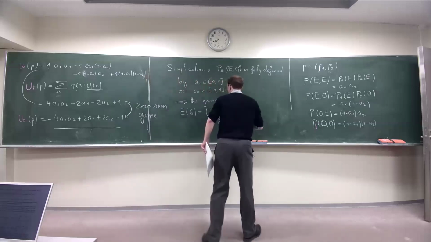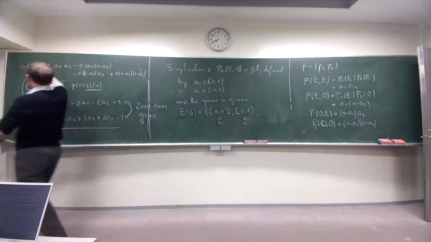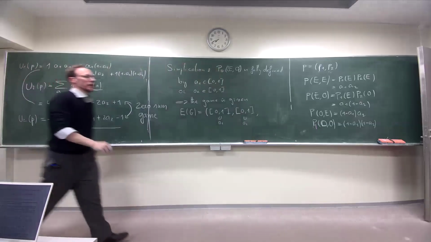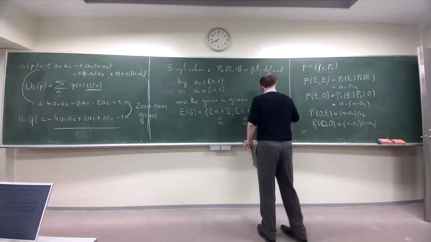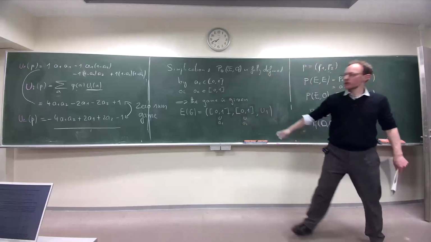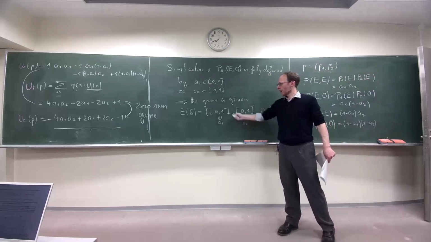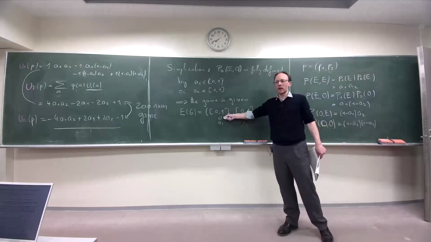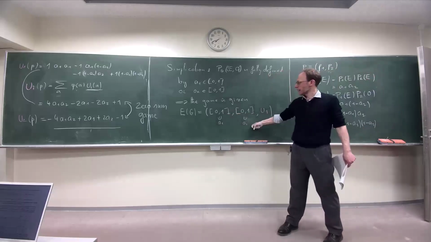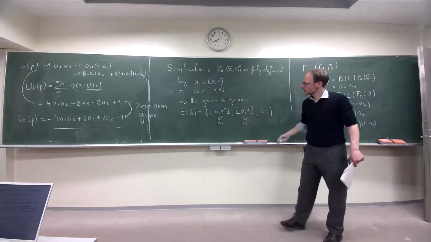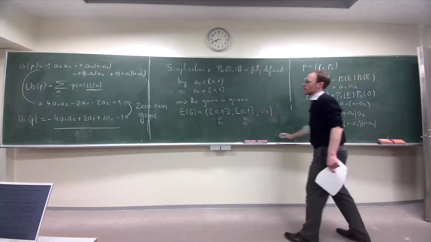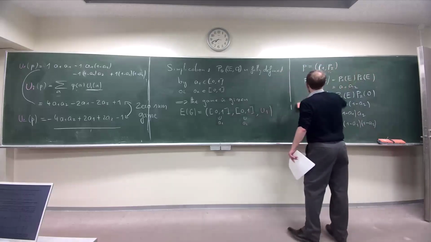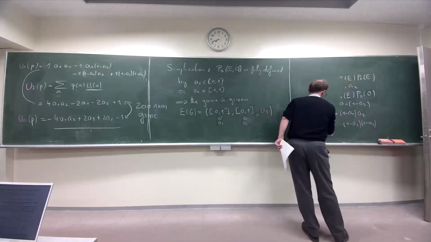And it's a zero-sum game, so you only need U1. So once you have these ingredients, once you know A1, you have all mixed strategies of the first player. Once you know A2, you have the mixed strategies of the second player, and U1 is defined here. Okay, it's just a simplification.